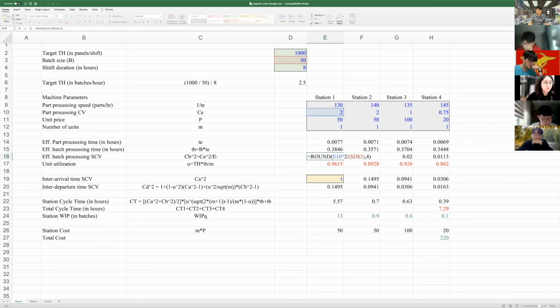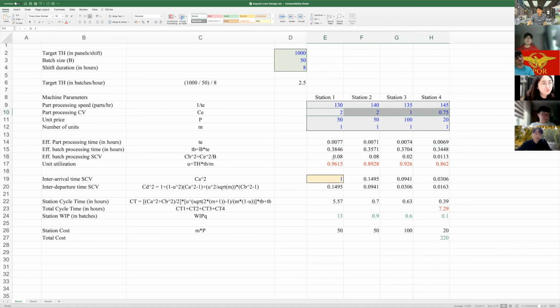Actually, this is called the pooling effect. If various products are processed together, the coefficient of variation is decreased according to the batch size. So you can see here, the SCV of batch processing is decreased from this number here.